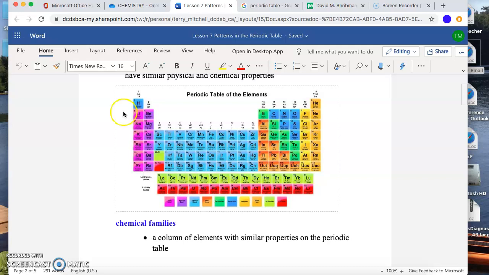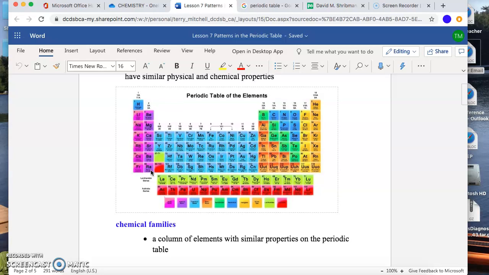It's so reactive. So on this side, I would draw an arrow going down showing that things get more reactive. Likewise, in our alkaline earth metals, beryllium is very reactive, but the least reactive, then magnesium, calcium, right down to radium here, they become more reactive as you move down the family. They react faster and much more violently.